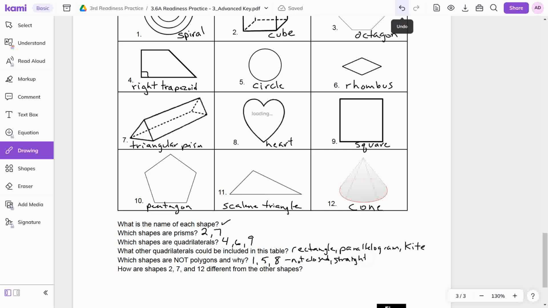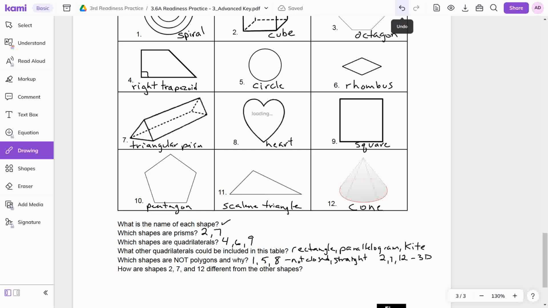So a polygon has to be closed and straight. And the heart, the circle, and the spiral are not closed and straight. But also, I've got a cube, rectangular prism, and cone because they're 3D. Polygons need to be two-dimensional.